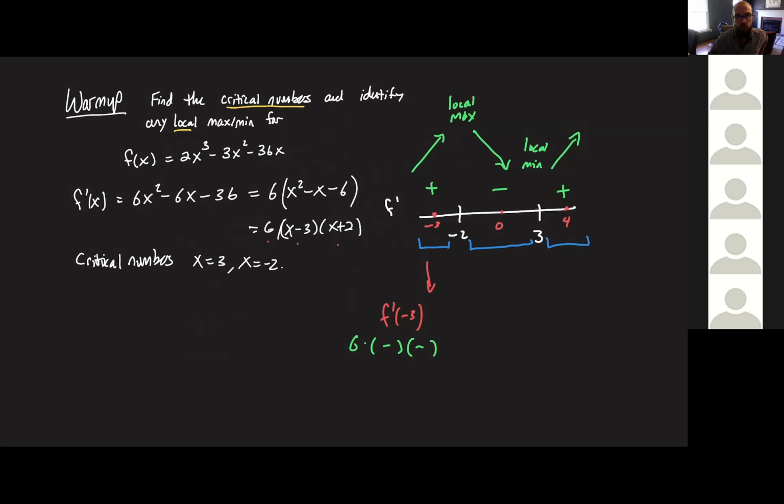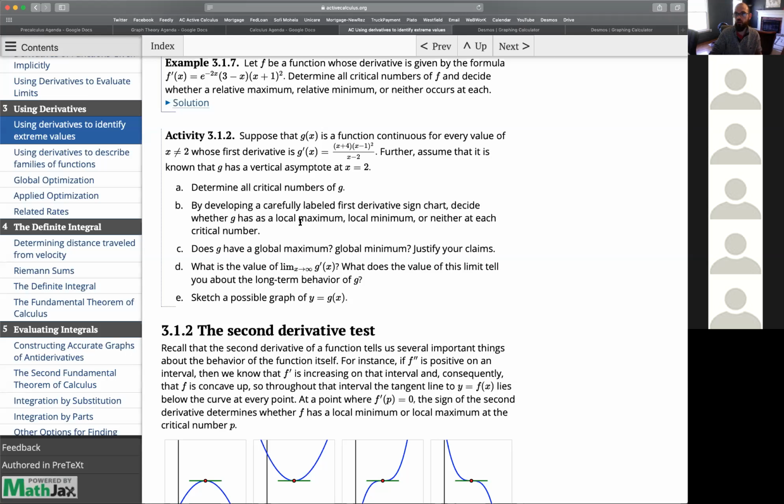All right, I'm going to flip over to our book again. Normally we would print these out, but with our new remote learning format, let's see if we can think through this activity 3.1.2. We're given the function, and one thing I want to point out is that what we're given is the derivative.